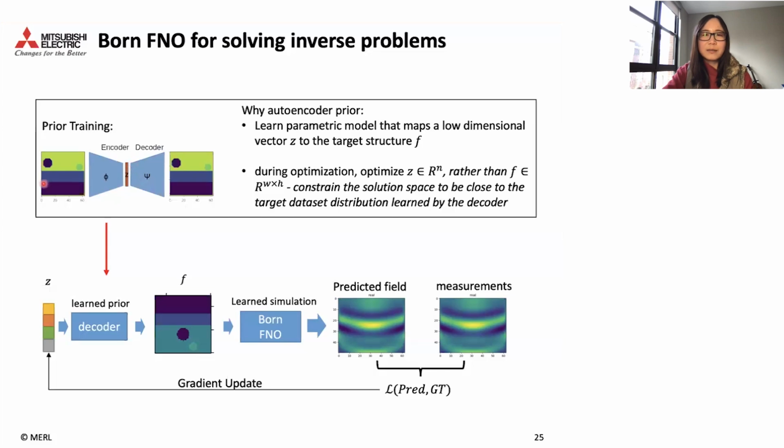So instead of reconstructing the permittivity directly, we will pre-train this autoencoder and decoder, and during the testing part, we will keep the encoder decoder unchanged, or at most fine-tune it, and the real parameter that is being reconstructed is the latent space parameters for the autoencoder and decoder. And once that is reconstructed, we will use the decoder to obtain the permittivity distribution.